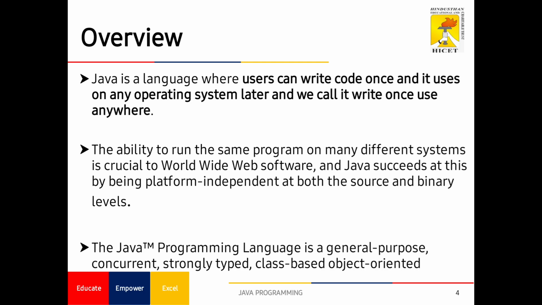Java is widely used because it is a very simple programming method which users can learn easily compared to C and C++, because here we have a simple term: everything is an object in Java.